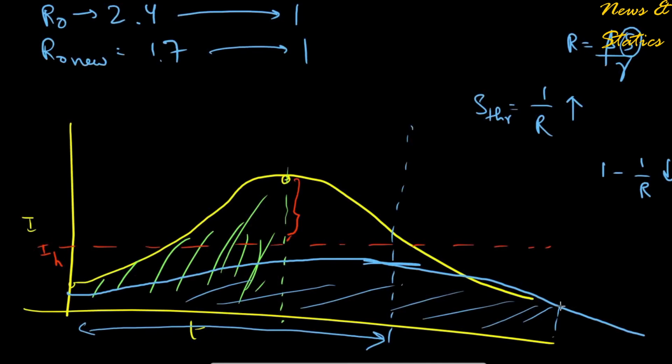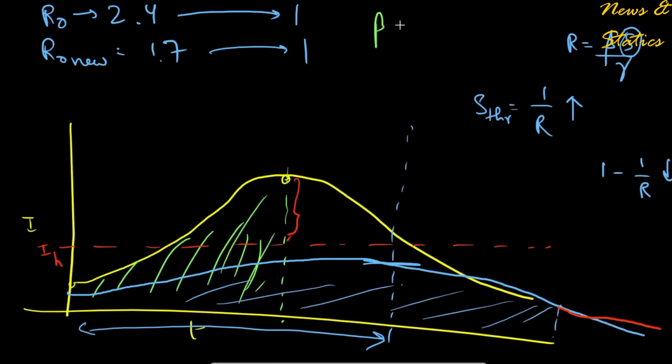If at this point you open the lockdown, the curve will still keep on decreasing exponentially. But if this area is not 60%, because you have actually fooled the virus to think that this is a less infectious disease, you have decreased the value of R0 and R, but actually it is not. When you ease the lockdown, or when you ease the social distancing strictness, then the following thing can happen.